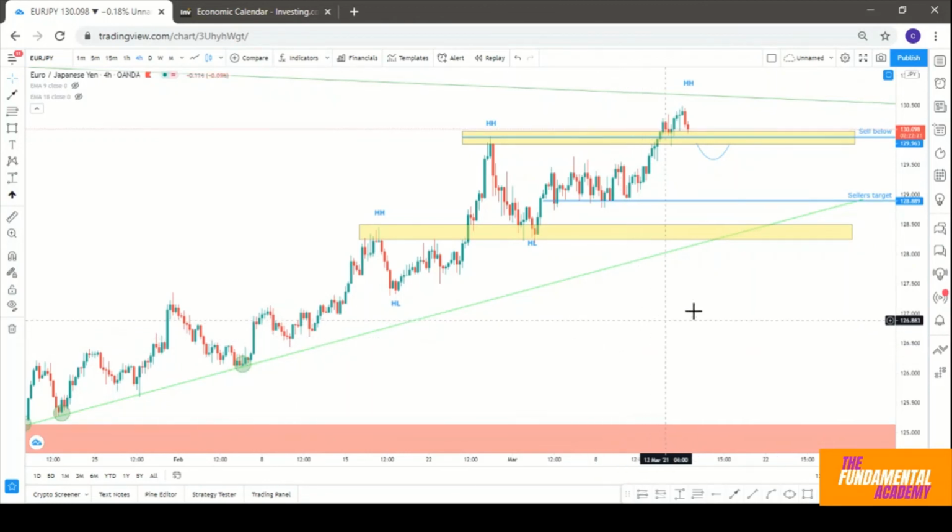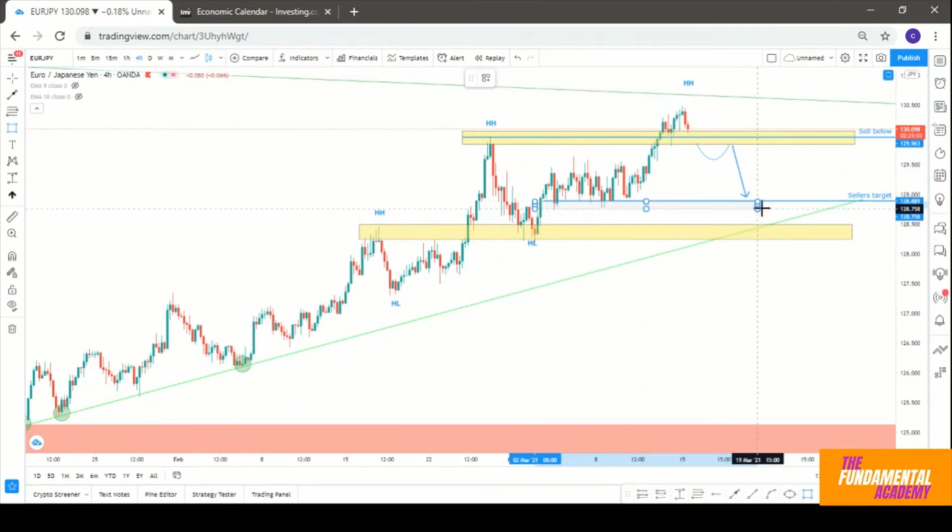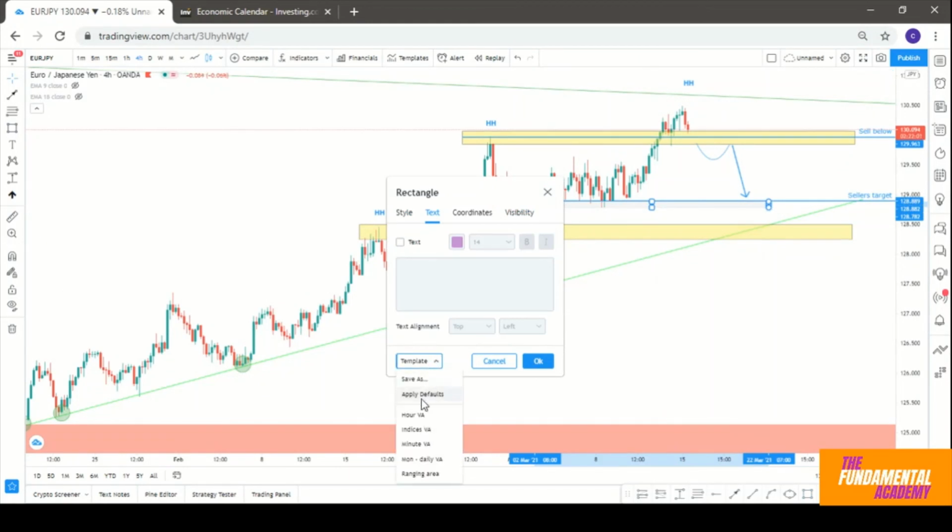But to get back into the analysis of this pair, if we do have a break below this area of 130 and a significant retest, I need a significant retest, I think that we could come down to these structural lows right here. Let me just put that in. So we would hit these structural lows. I need to change that to my hour value areas.